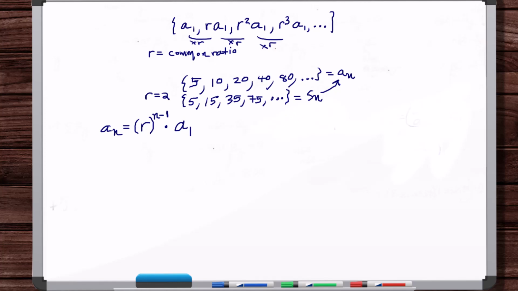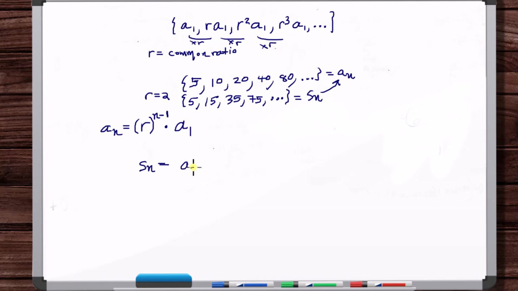So how can we do this? Let's start out by writing out S of n for a geometric sequence in general. So just for n, the sum of the first n terms.